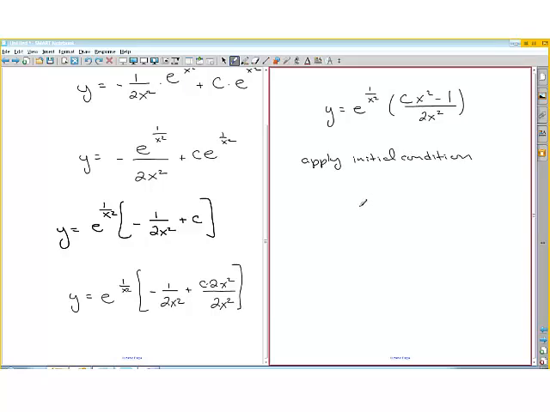So the initial condition is y of 1 equals e. And what that means is when x equals 1, y equals e. So we plug that into this equation. So y is equal to e. We get e to the 1 over 1 squared times c times 1 squared minus 1, all divided by 2 times 1 squared.